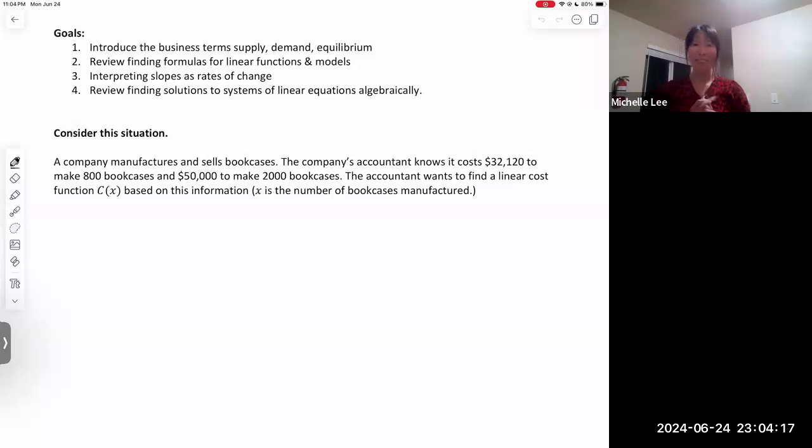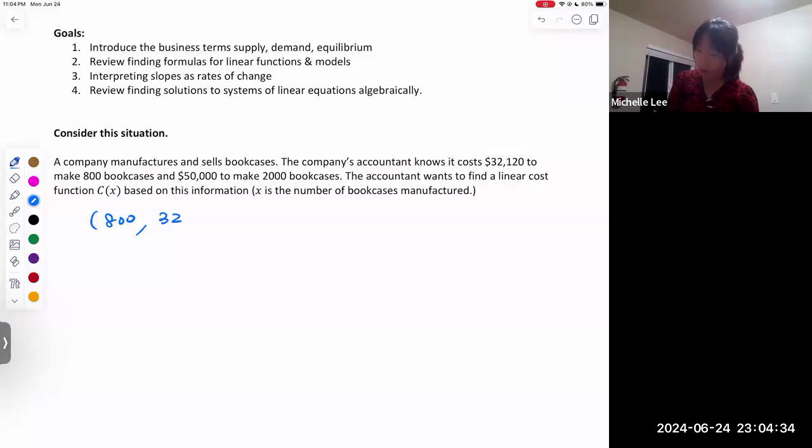Okay, so let's do it. We have 800 bookcases, and the cost is $32,120. And then we have 2,000 bookcases, and it costs $50,000.